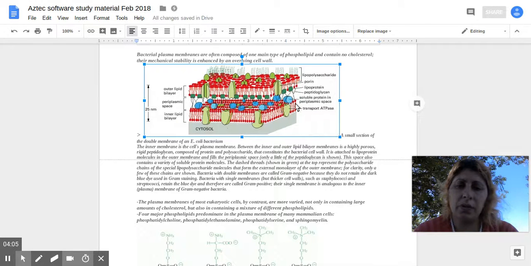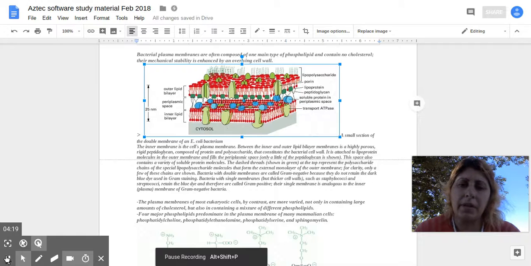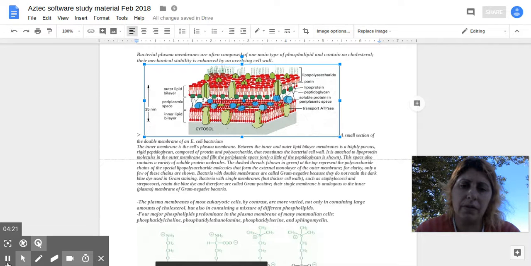And especially if they're going against a concentration gradient, they will use ATP energy in order to move across the membrane from higher concentration to lower concentration of that molecule.